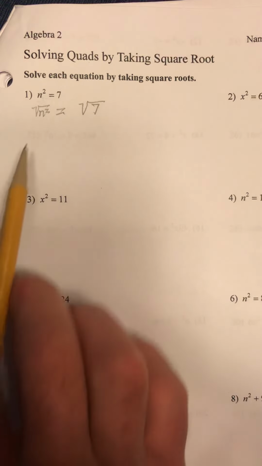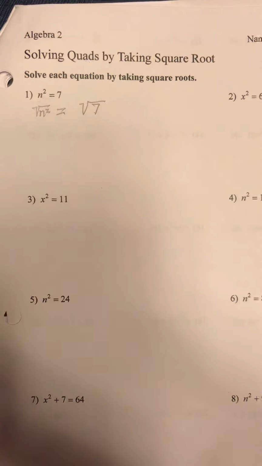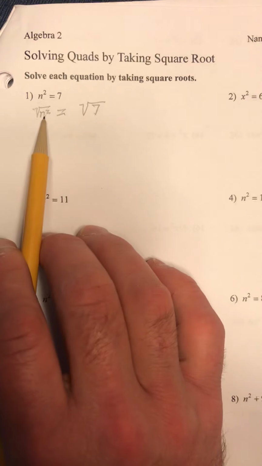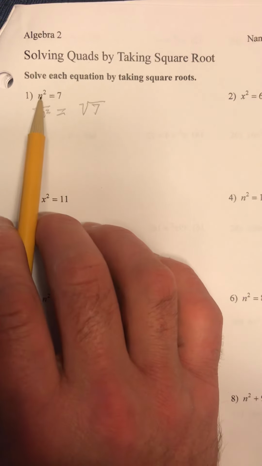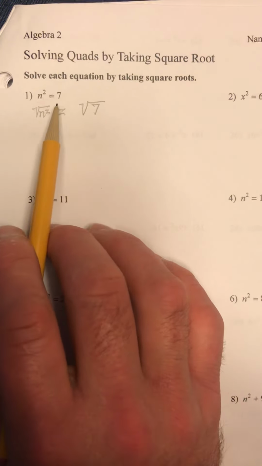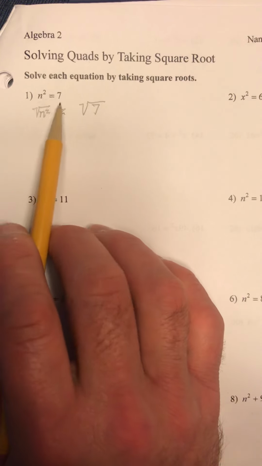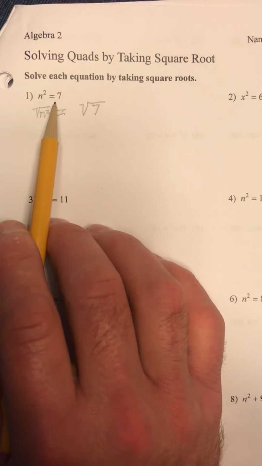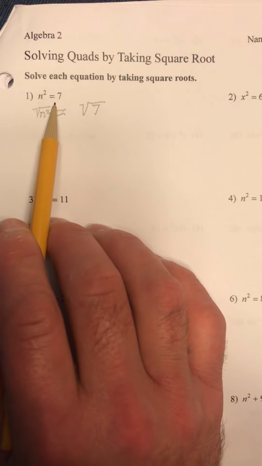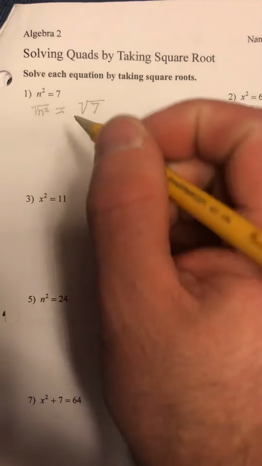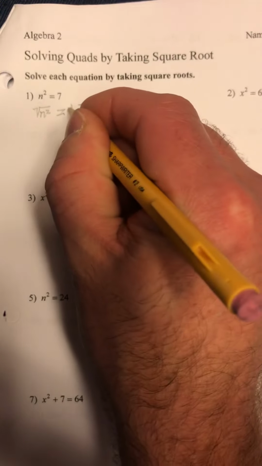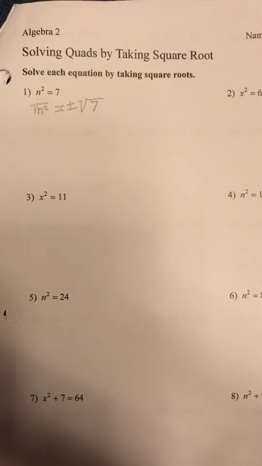When I take the square root in solving an equation, n squared, if n squared is equal to 7, then they might have multiplied the positive root times the positive root, or the negative root times the negative root. And because of that, I have to put a plus or minus in front.